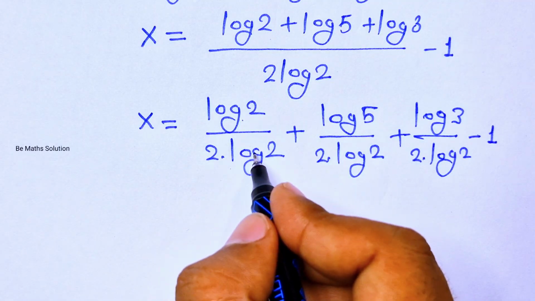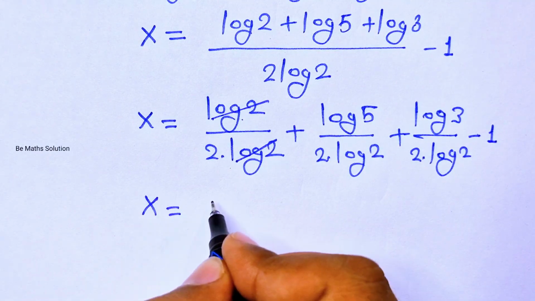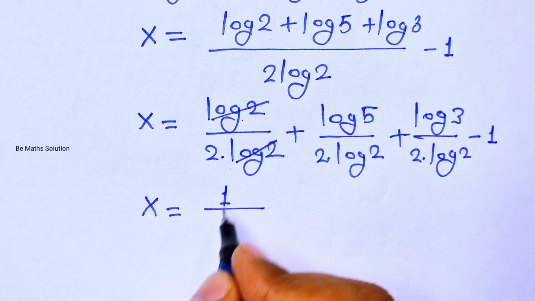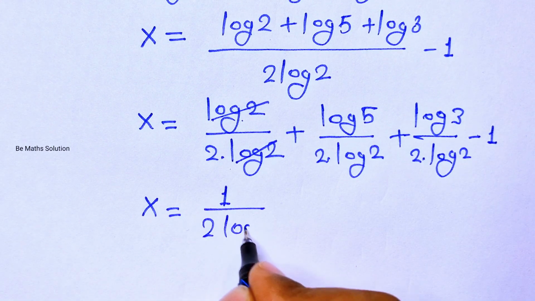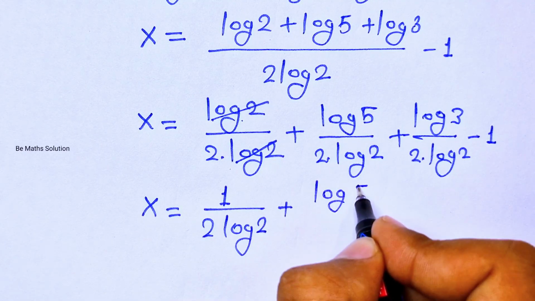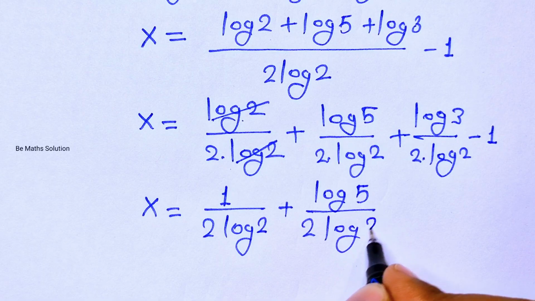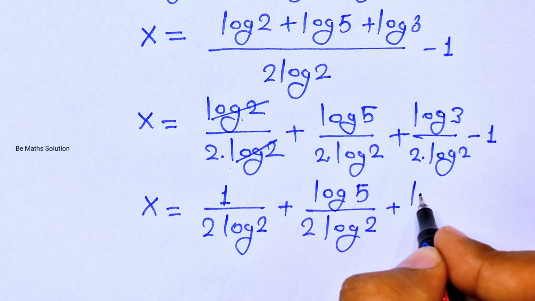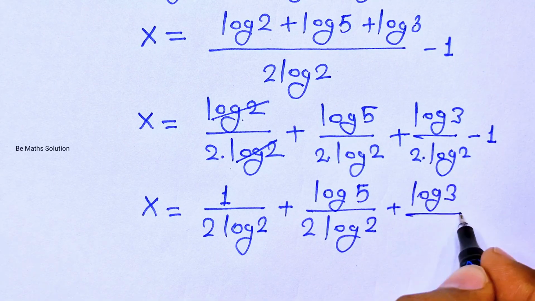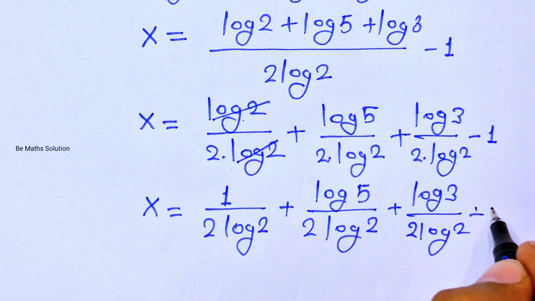This log 2 and this log 2 are cancelled. So it will be x is equal to 1 over 2, plus log 5 over 2 log of 2, plus log 3 over 2 log 2, minus 1.